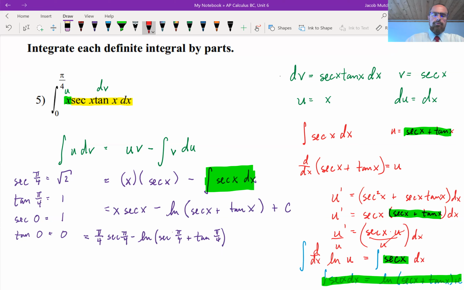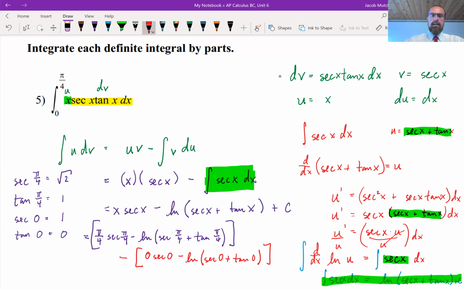And then I'm going to subtract from that. I'll just keep brackets around that whole first expression, minus the same expression evaluated at 0. So 0 secant of 0 minus the natural log of secant of 0 plus tangent of 0.